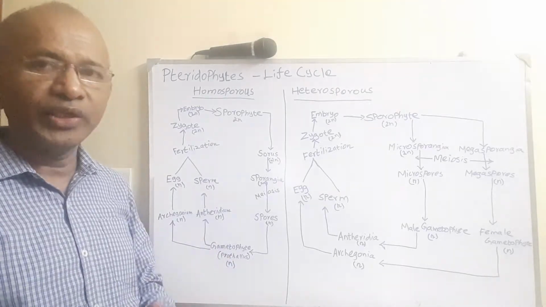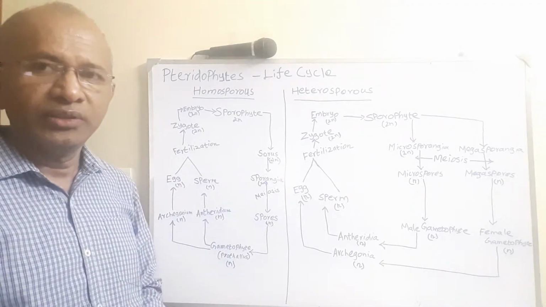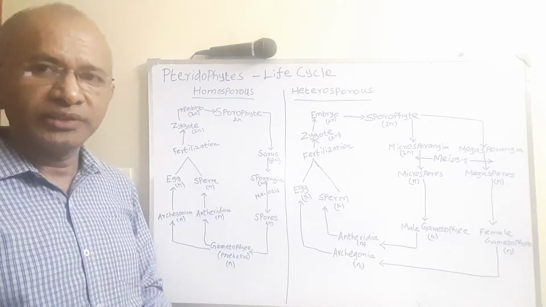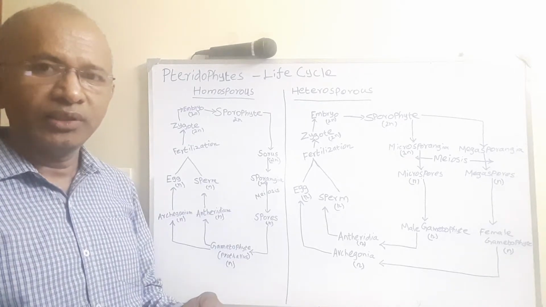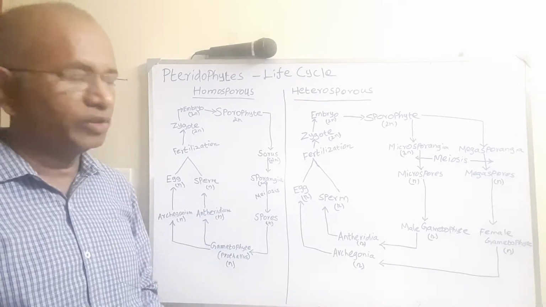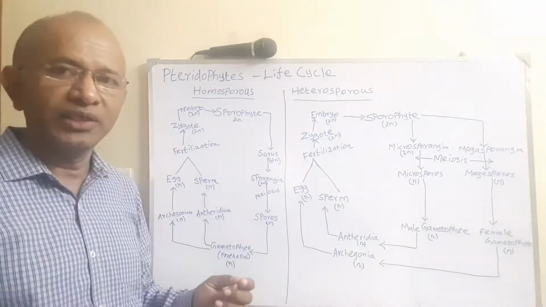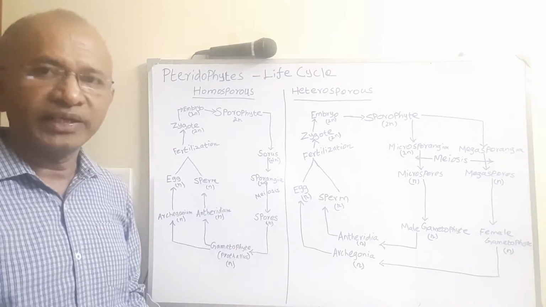And in the case of heterosporous, the same plant produces both the microspores and megaspores. The microspores are smaller in size when compared to the megaspores.